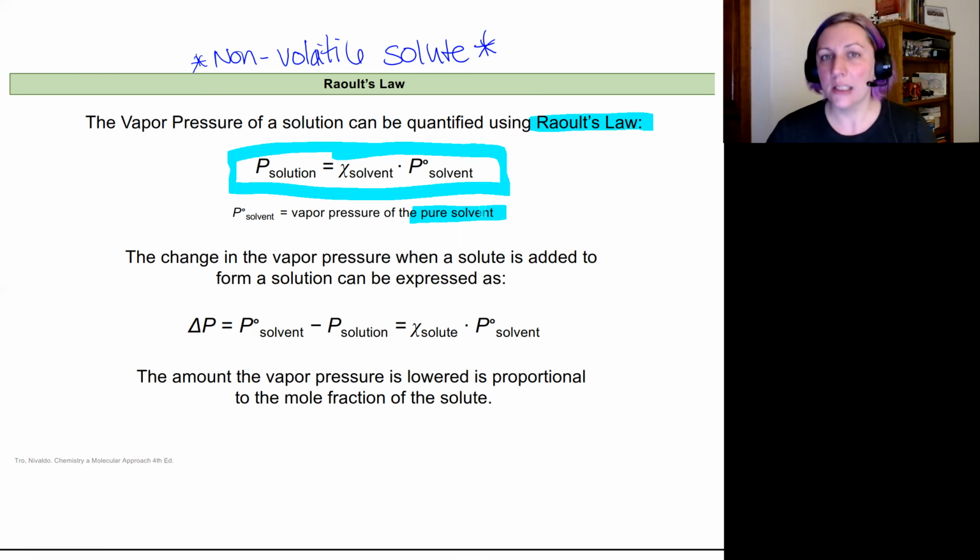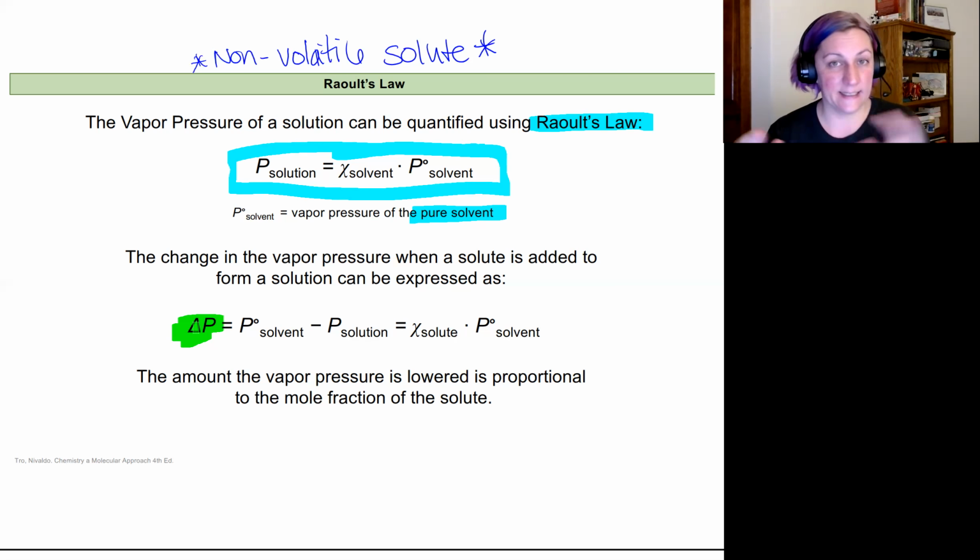We can also calculate just the change in pressure if we want. This is kind of a rearrangement of the equation. If we just want to know, like, how much does the vapor pressure decrease? We really just want to know the change. We can always take the difference between the vapor pressure of the solvent and the vapor pressure of the solution.